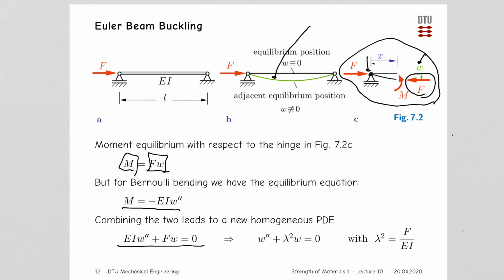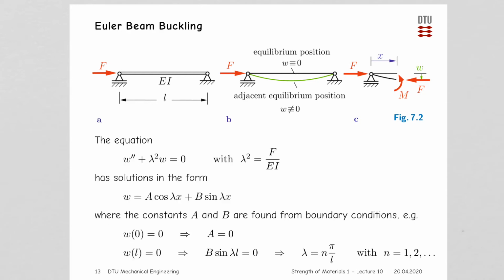We can reorder that a bit, and we end up with a differential equation with a parameter lambda, where lambda squared is defined as the force divided by the bending stiffness. So this is the equation now that we have to solve using our boundary conditions.